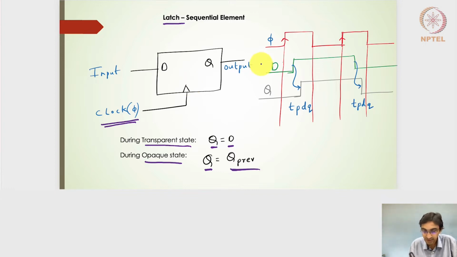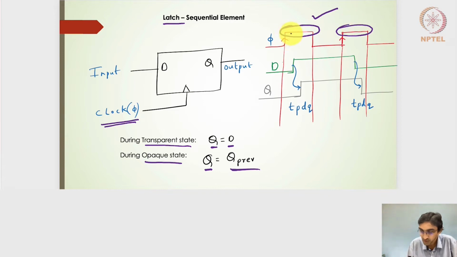The input and output are given with the clock. This is basically the timing diagram of the latch design. For a latch, it is always defined by the clock levels. In this case, I've considered the high level of the clock.